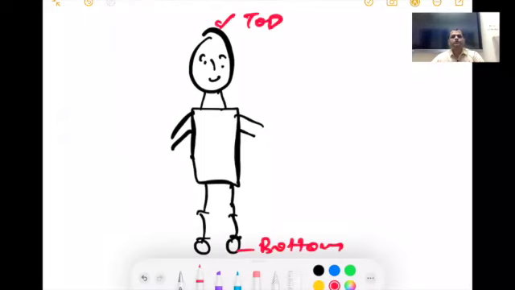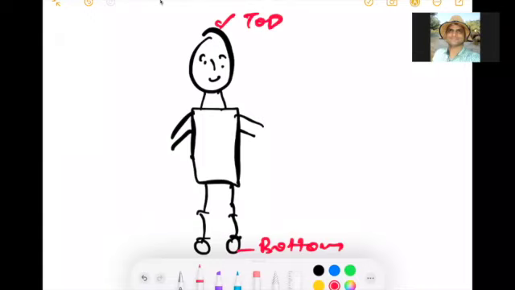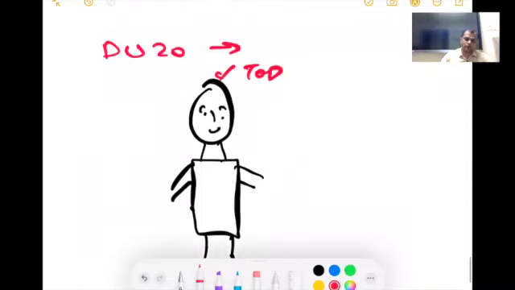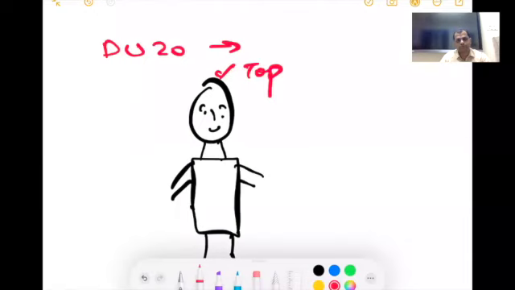And if some problem is in the bottom, you can treat the top. So this will be point number 1, DU20. And DU20 is a very good point for heel pain.